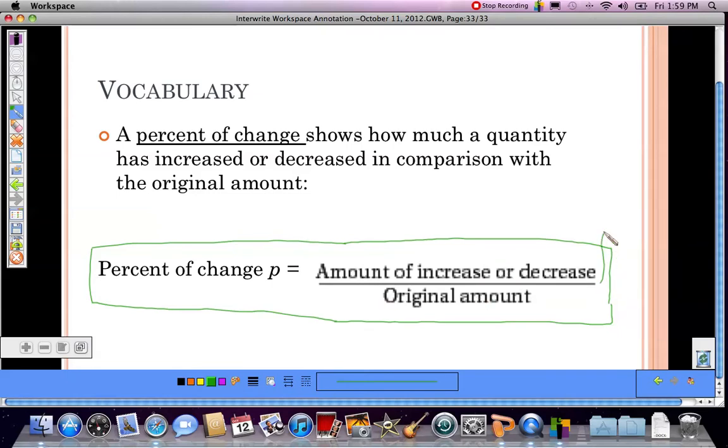Remember, this fraction bar means divided by. You're going to divide it by the original amount. So please fill out this formula in your notes, and this is going to be something that you want to memorize. The amount of increase or decrease divided by the original amount.